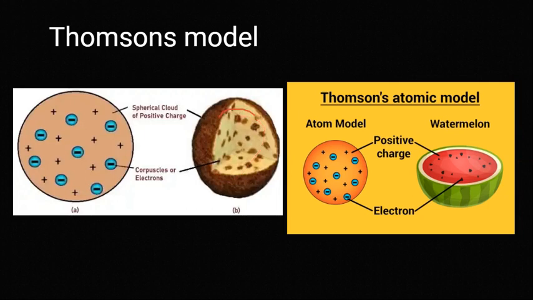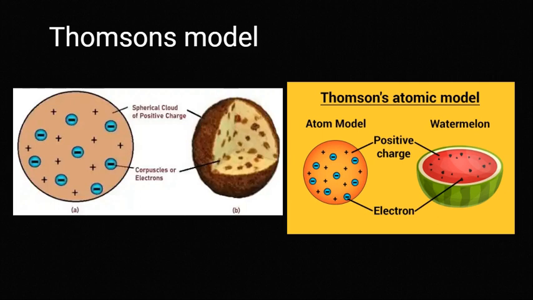Now can you see this cake? In this cake, can you see these raisins? According to Thomson, this cake is positively charged, in which the raisins are embedded, and they are the negatively charged electrons. So Thomson's model was also known as the plum pudding model.